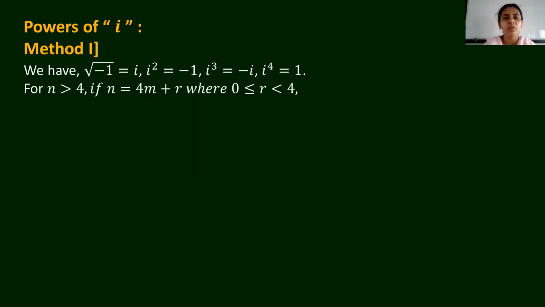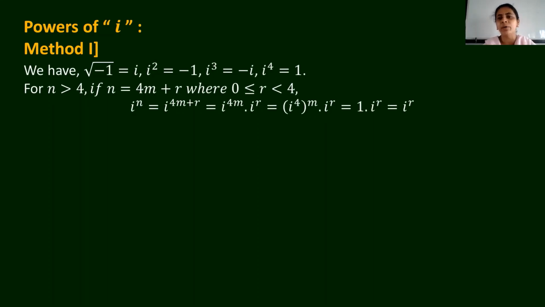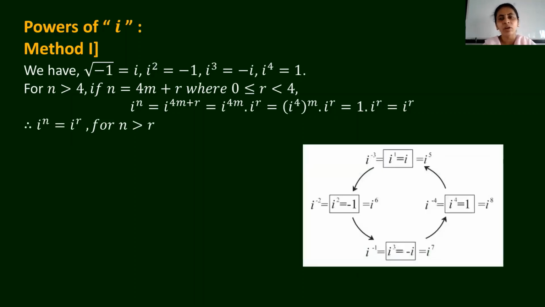Now if we take any integer n, and n is equal to 4m plus r, then i raised to n is equal to i raised to 4m plus r, that is i raised to 4m into i raised to r, which is (i raised to 4) raised to m into i raised to r. We know that i raised to 4 is equal to 1, and therefore 1 raised to m, that is 1, into i raised to r, which is equal to i raised to r. So using this method we can find out powers of i.